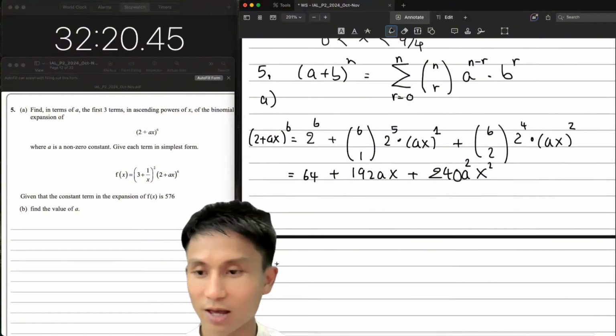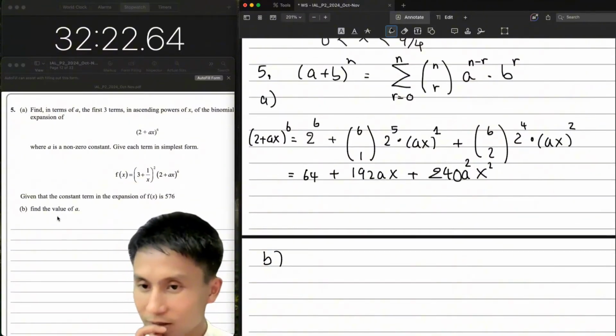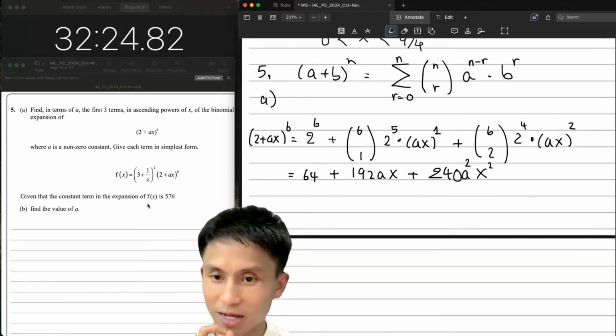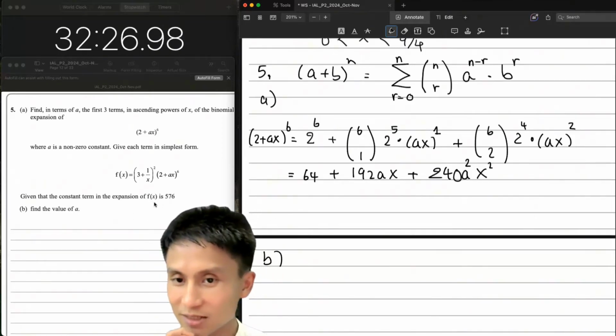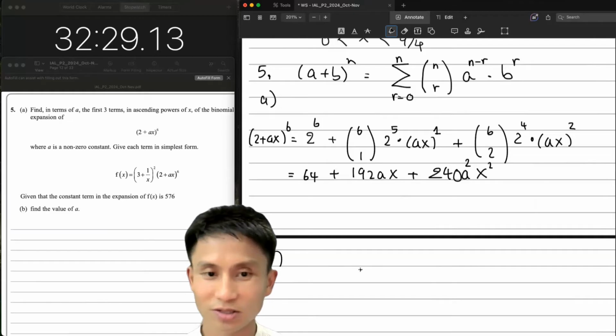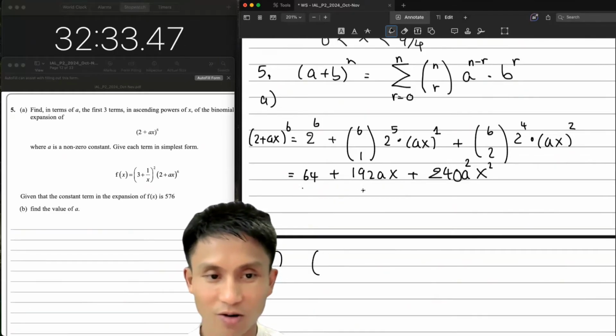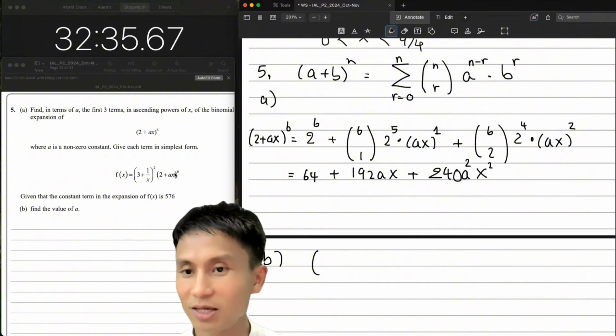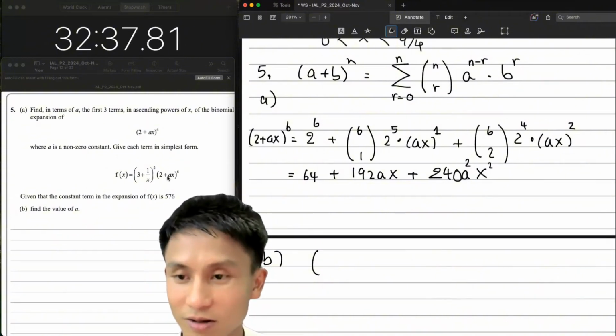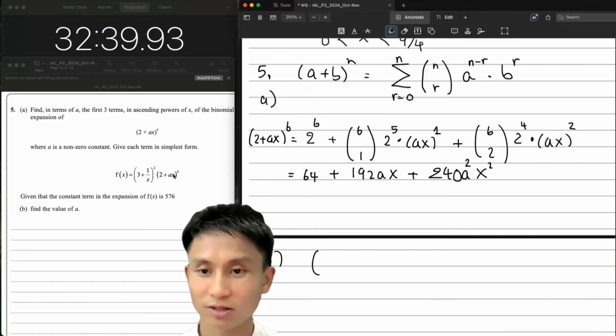So B, what do we have? Given that the constant term in the expansion of f(x) is that, okay? So for the constant term, we already have this, right? We're going to take all this, because it says the earlier binomial expansion to the power of 6, multiplied by the new term there.